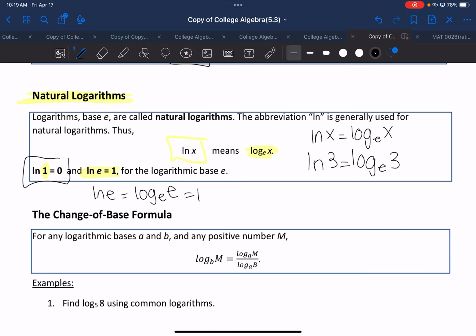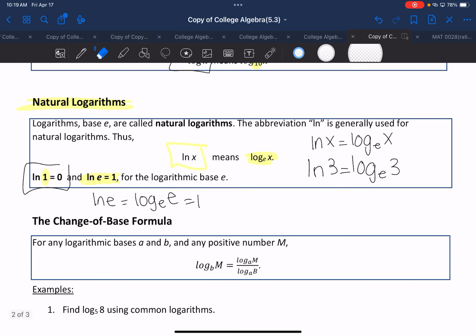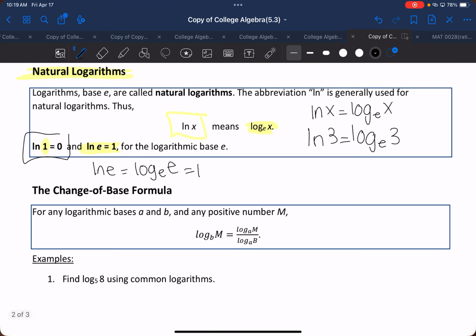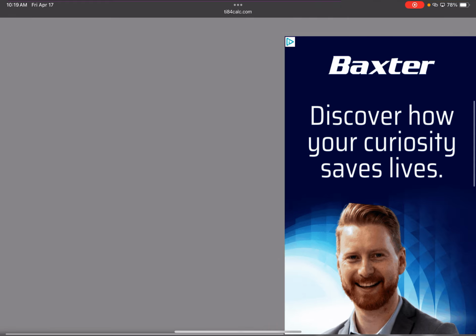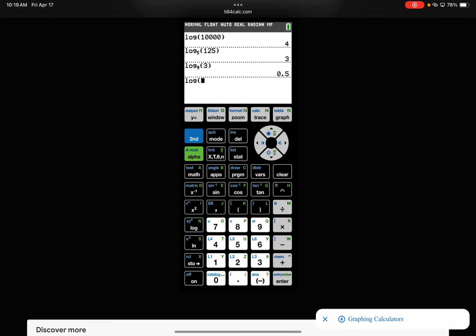Okay. So if I go back to my calculator, there is a ln button right below the log button, right there.